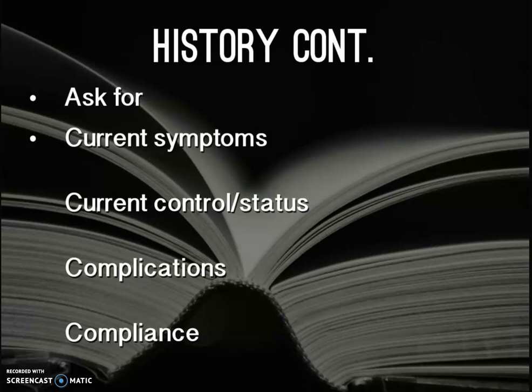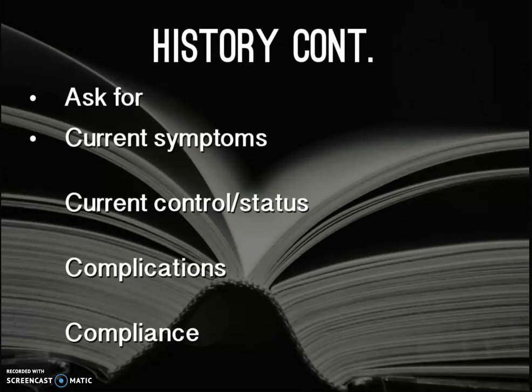Okay. And then in the history, there are 4 important histories that you need to ask the patient. And all start with the letter C. One is you need to ask about the current symptoms.